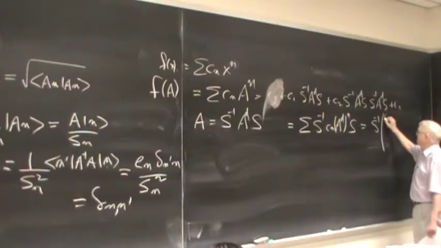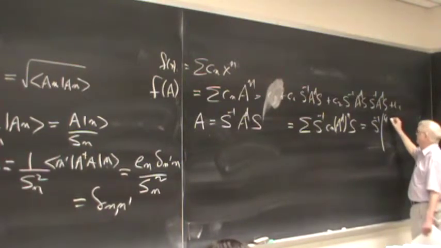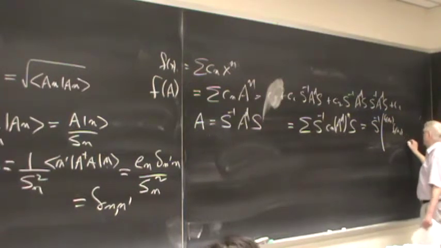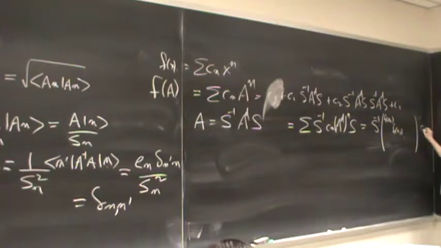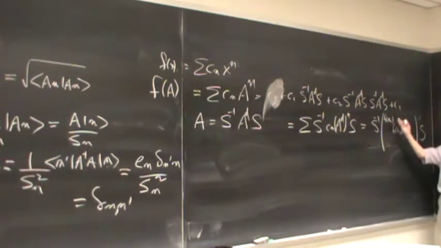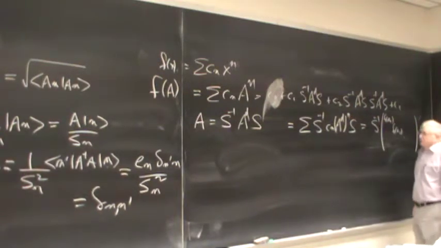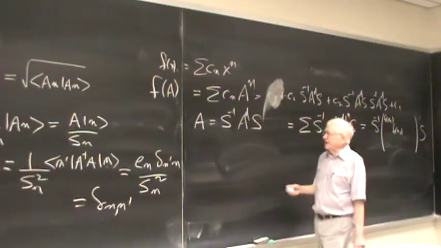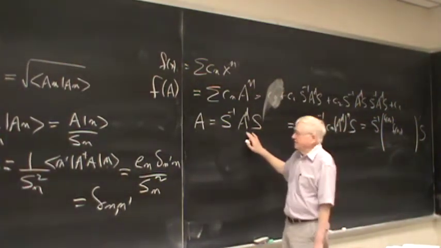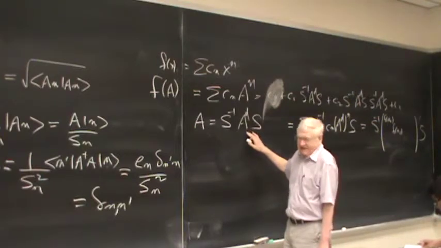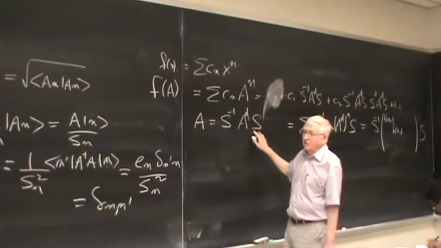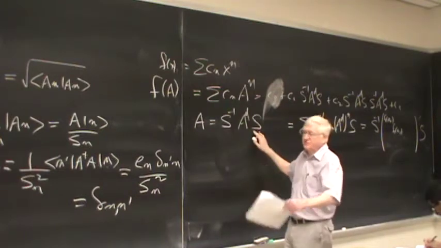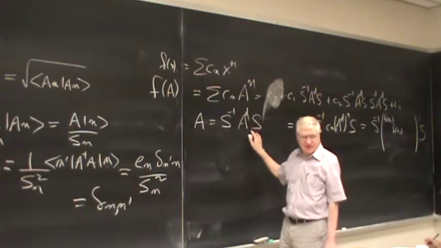This thing then is f of, let us say the eigenvalues are A1, A2, and so forth. So you get, on the diagonal, the function of the eigenvalue. In other words, you could do the whole thing in MATLAB by saying something like, I don't know, or even, it's very similar to a singular value decomposition.